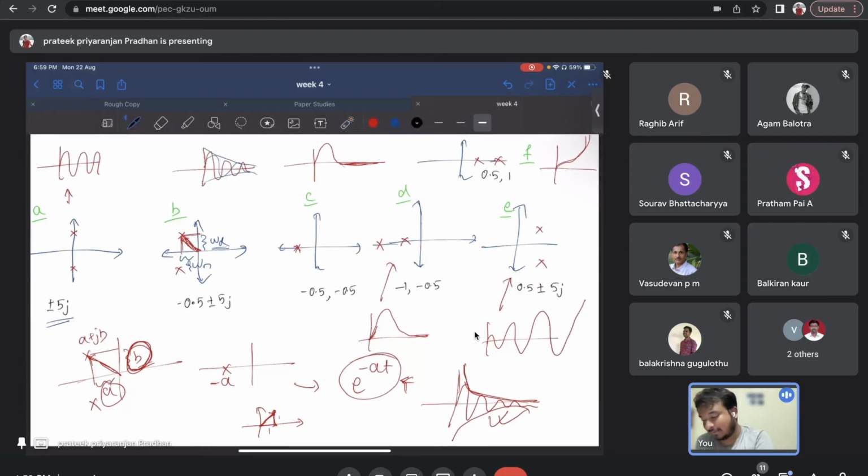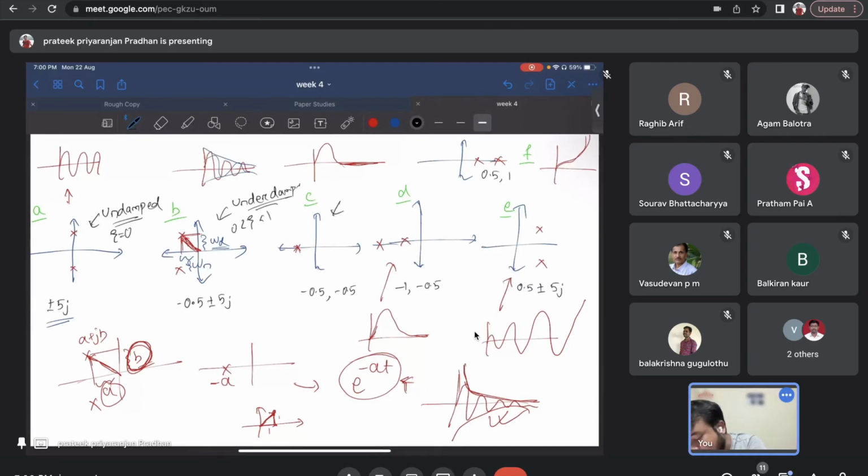I will just write some interesting terms. This is called undamped, because there is no damping in the system. What this can be called, if somebody knows, is underdamped. Here zeta is equal to 0. Here zeta is between 0 and 1.